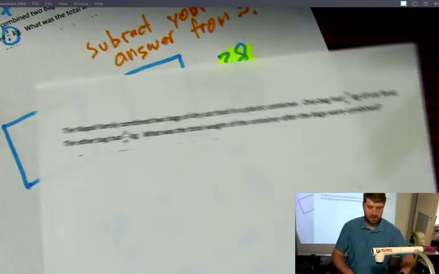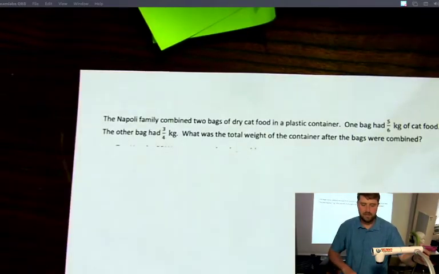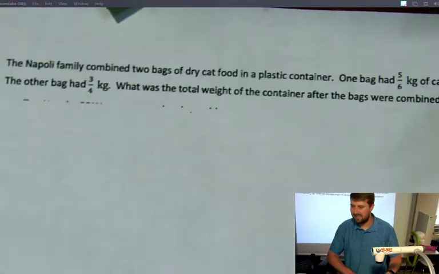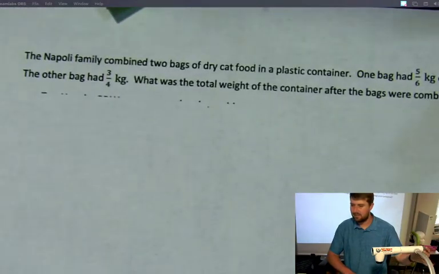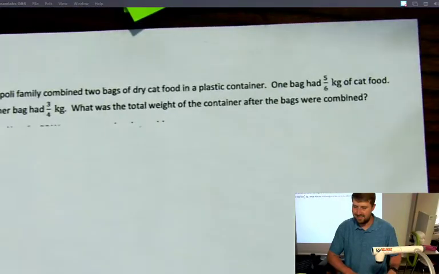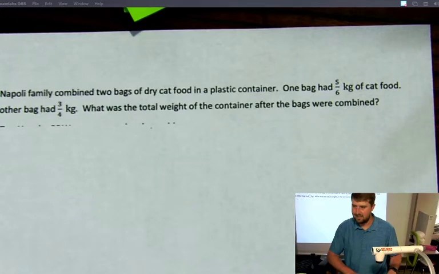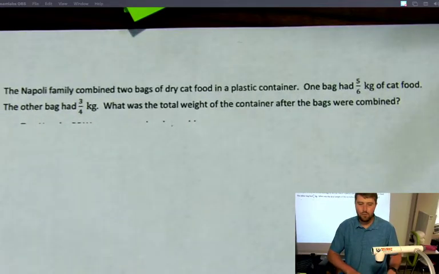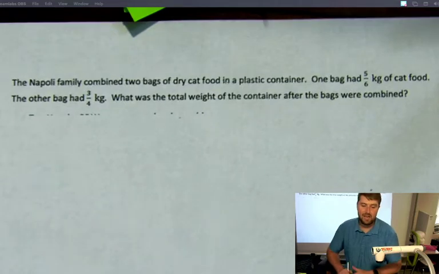We're going to move on to our opening problem for today. Here it is. Oh, I'm a little wide there. There we go. The Napoli family combines 2 bags of dry cat food in a plastic container.